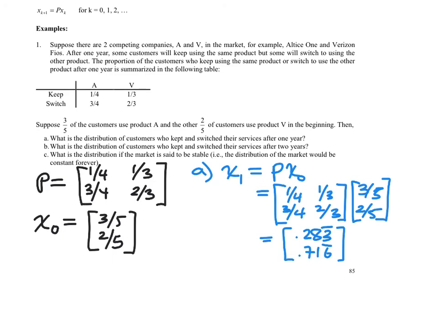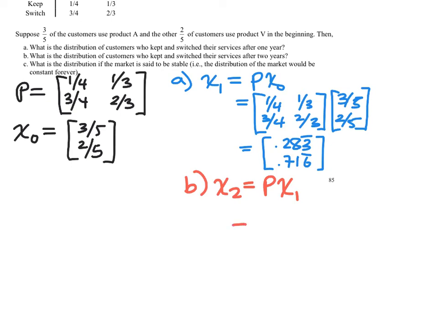So what I would do at this point, in order to find the distribution that kept and switched after 2 years, is the same calculation, roughly, but this time x of 2 is equal to p times x of 1.